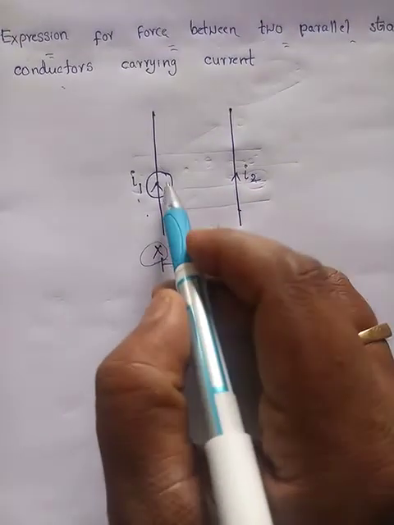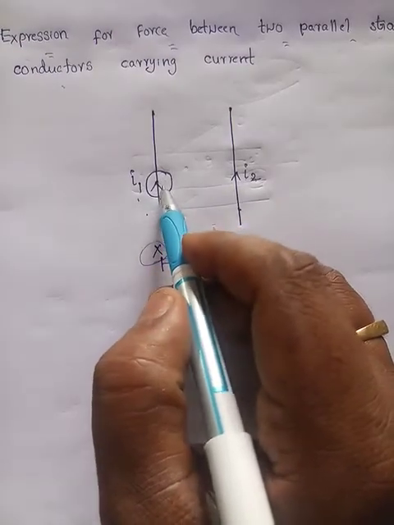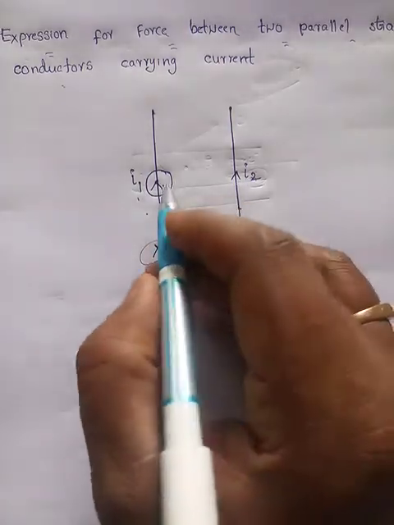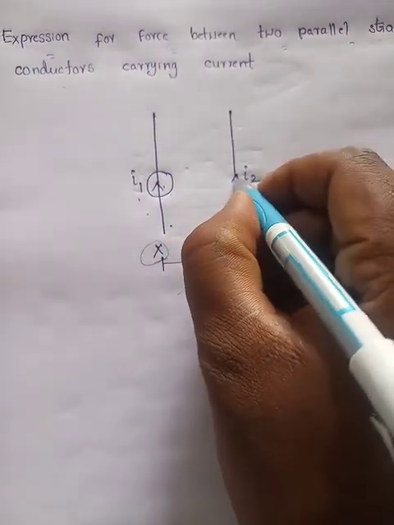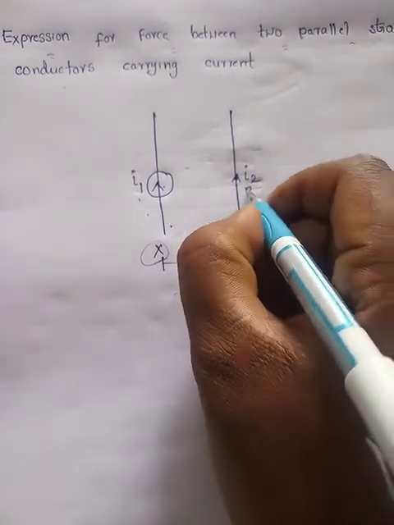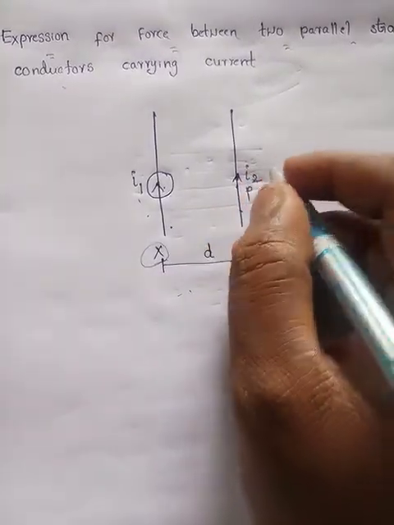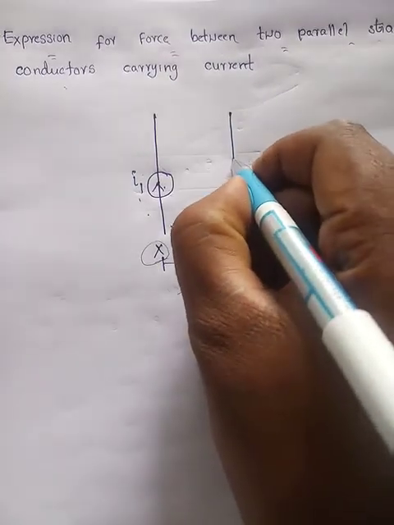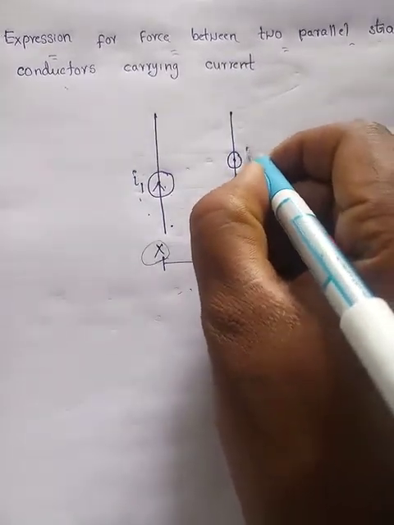Because of this current carrying conductor, it produces magnetic field. So let us assume a point P here. At this point P, the magnetic field is B1. Let's assume that this is B1.